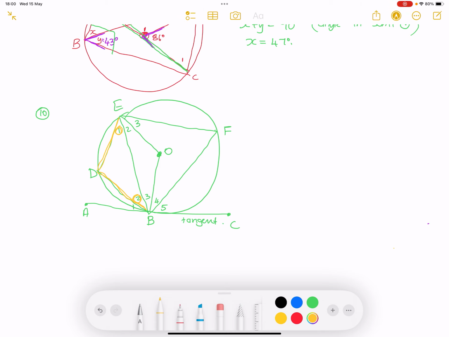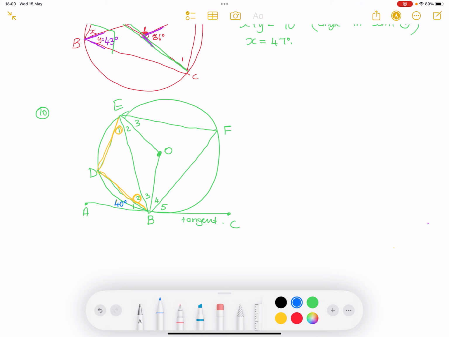Then they say that angle B1 is 40. This one is 40 degrees. I'll do that one in another color. B1 is 40 degrees. Then they first want the value of E1. Now I have to think. That is 41.